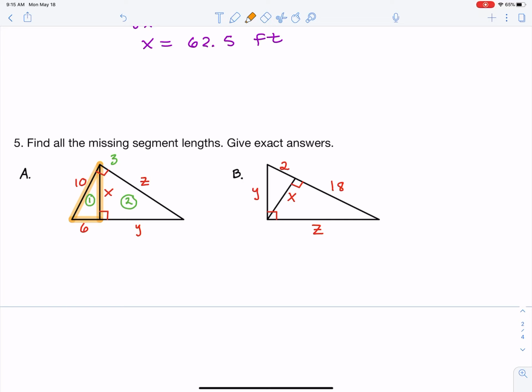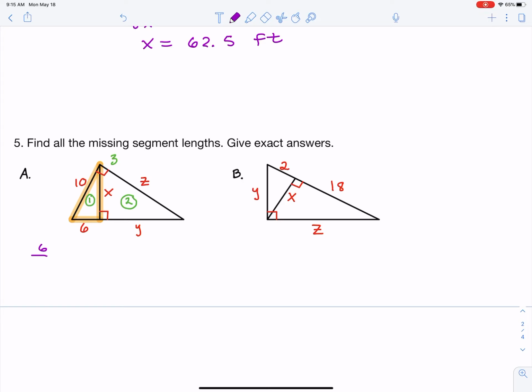So what can I say? Well, the short side of triangle 1, this side length, which is 6, let's make a fraction with those short sides.